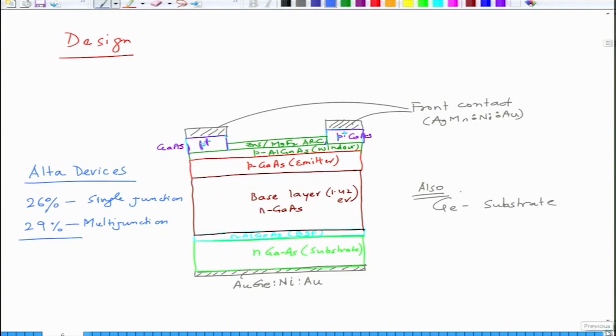The concepts which are used in silicon are also valid here to improve the performance. So, design considerations are fairly similar: use of ARC, surface passivation, reducing the surface recombination, reducing bulk recombination, and so on and so forth.